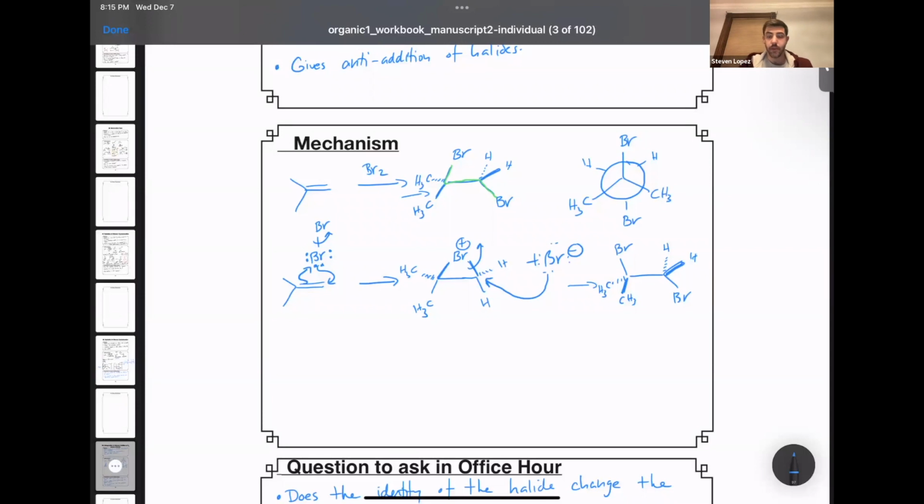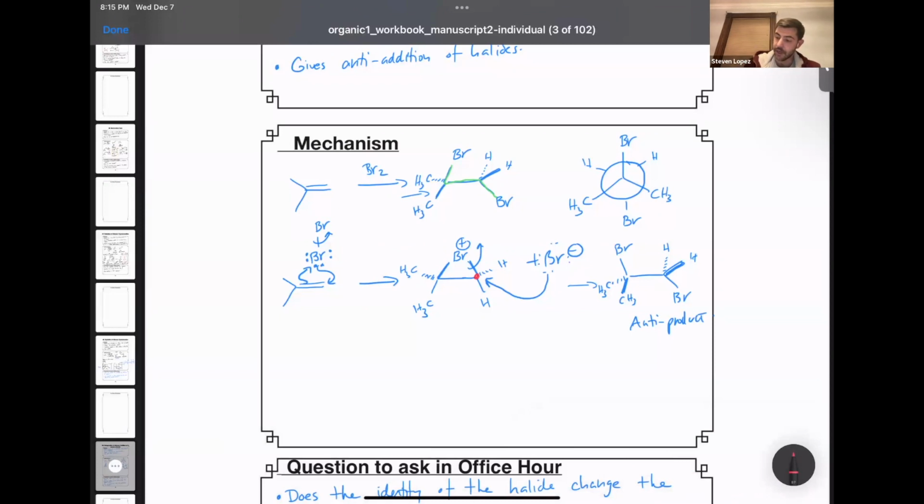Okay, and one thing that's really important to notice is that anti-product that's formed. Those bromines are 180 degrees from each other. The dihedral angle connecting these bromines is 180 degrees. And this is always what happens in this reaction and results from this SN2 style attack of the bromide to that electrophilic carbon shown here in red.